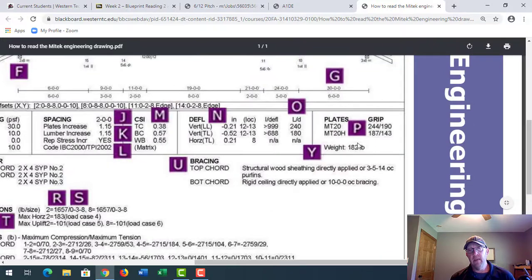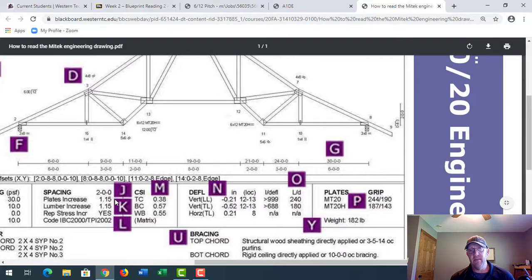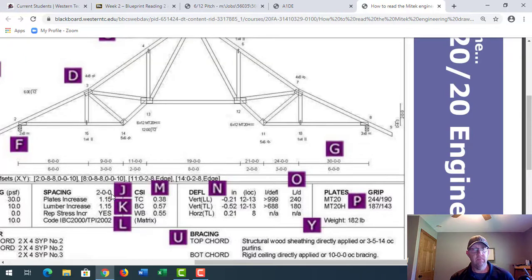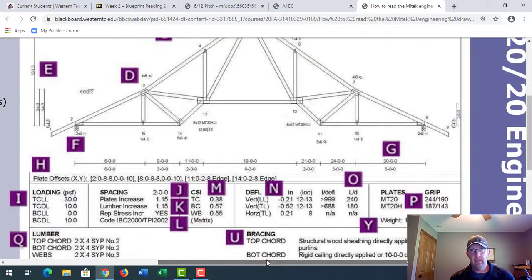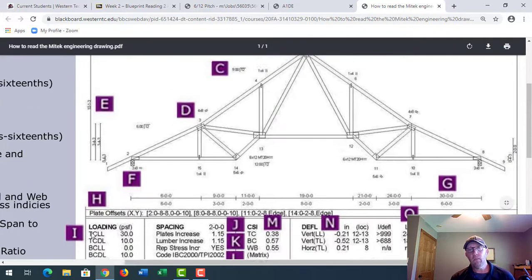This truss right here, the one that we're looking at in the MyTech example, is 182 pounds. So it's a couple hundred pounds basically. We should be able to manhandle this if we have to. So that's going to be the weight of the truss.